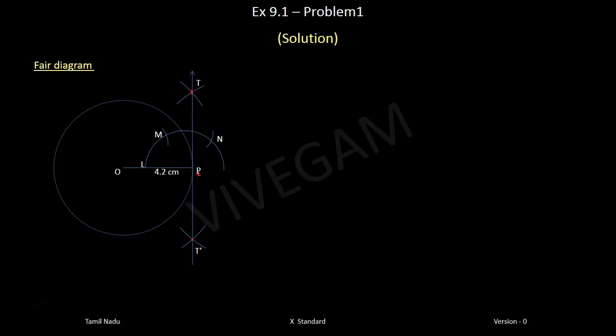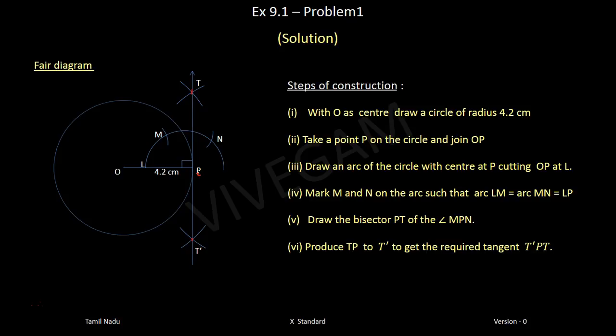Now let's list out the construction. With O as a center, draw a circle of radius 4.2 cm. Take a point P on the circle and join OP.